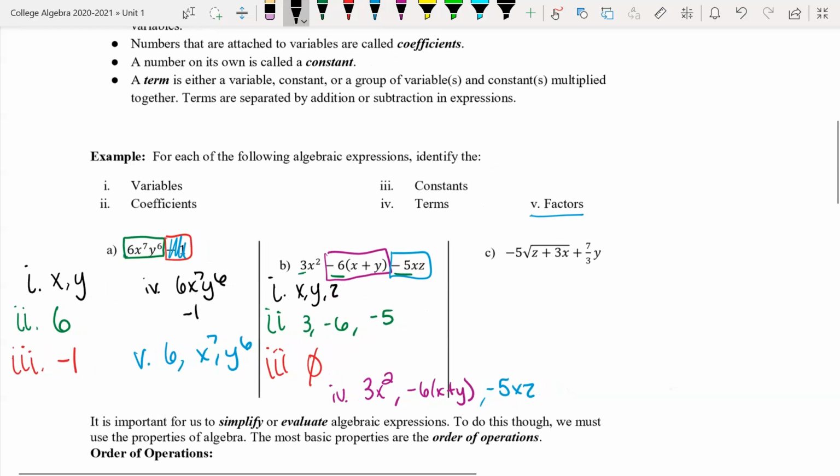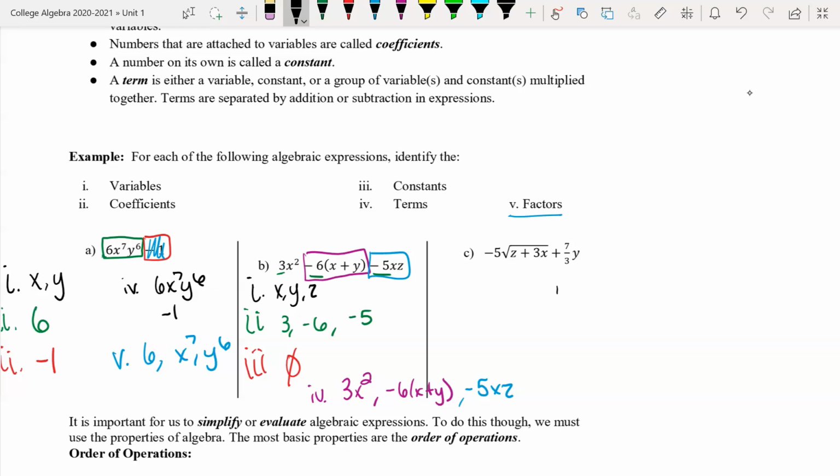Next problem, variables. I see x, y, and z again. My coefficients: if you see something out in front of a square root sign, this is one whole term. So the -5 would be a coefficient, and also the 7/3. My constants, there's none.